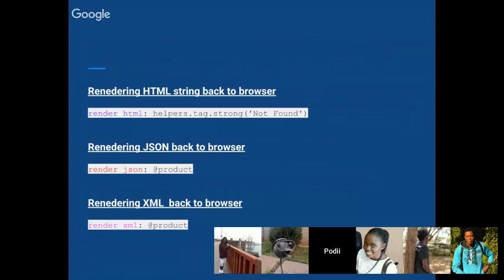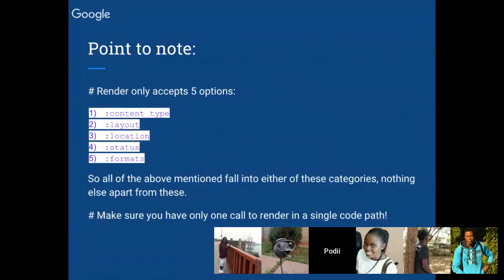But most of the time, these are not actually used because rendering usually works with partials and with templates. So in rare cases will you find us rendering a HTML or a JSON or an XML string back to the browser. Awesome. So point to note, render only accepts 5 options: either content type, layout, location, status, or format.